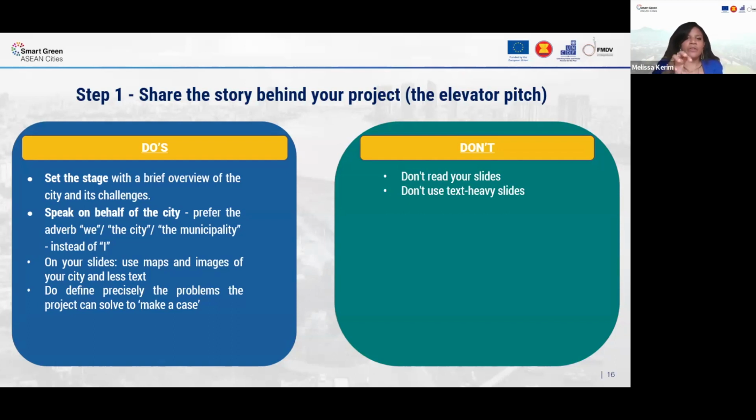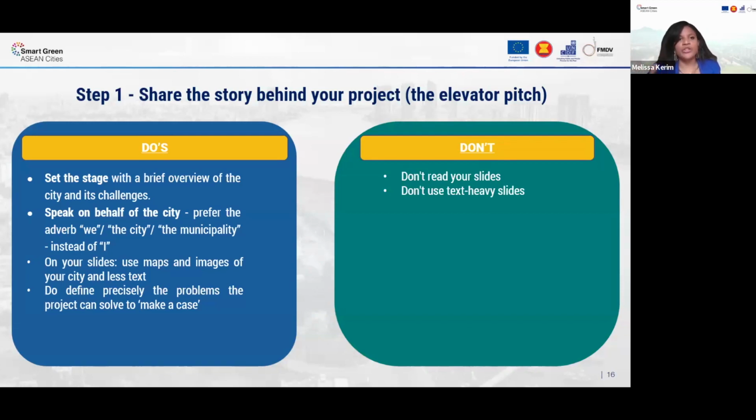partners. In general, you explain how you decided to prioritize one project idea over another, and you also present some of the challenges your project is addressing in your city. And you need to highlight how this challenge is very pressing and very important. One of my recommendations for this part is to avoid text-heavy slides because you need to captivate your audience.